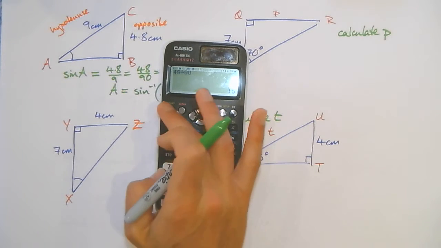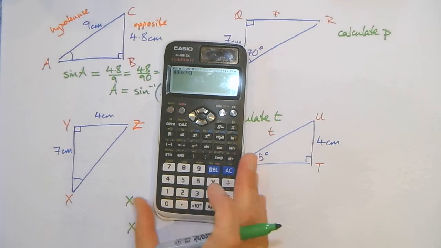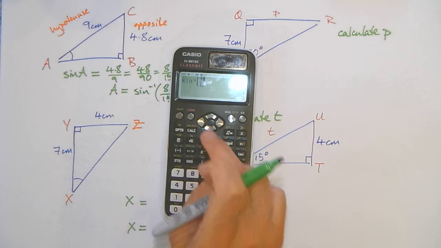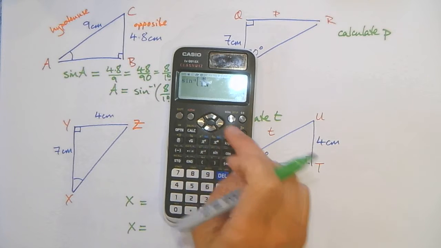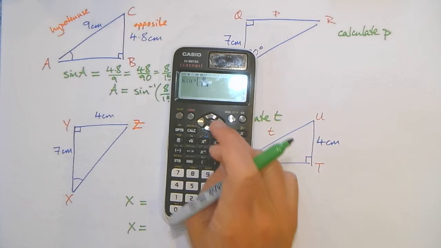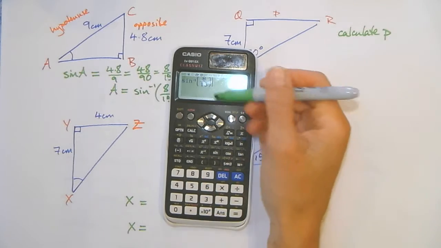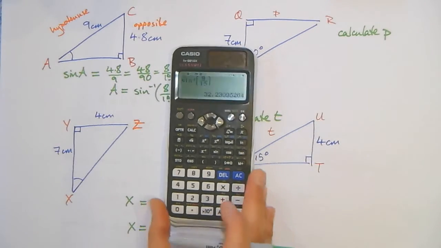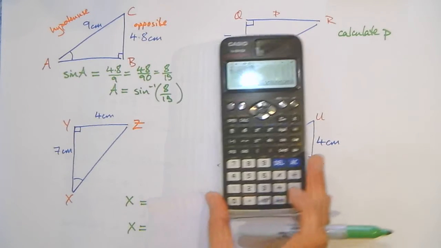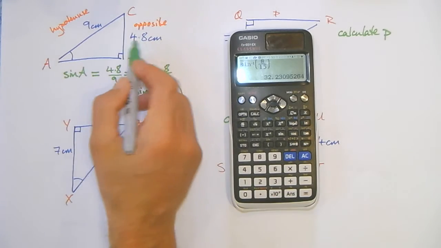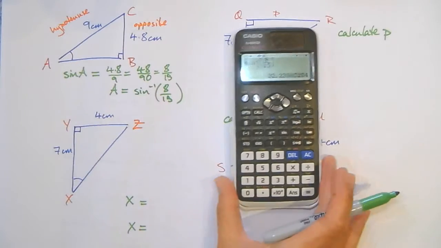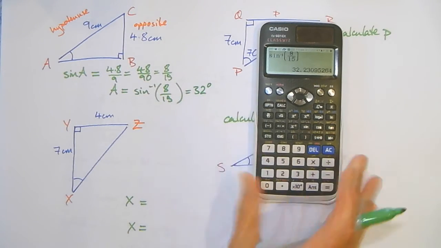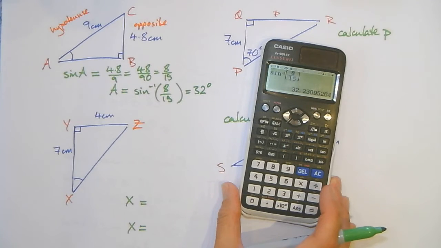So it's shift sine, and then I can put a fraction on this calculator, 8 over 15, and close it. I could have typed 8 divided by 15 there, I'll get the same answer. And then you see 32.23, that's 2 significant figures, that's 1 significant figure, 32 degrees is what's appropriate for that one.